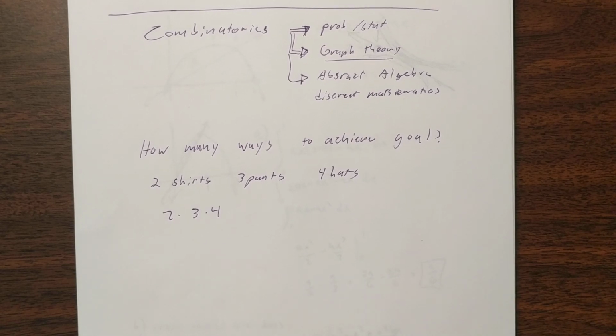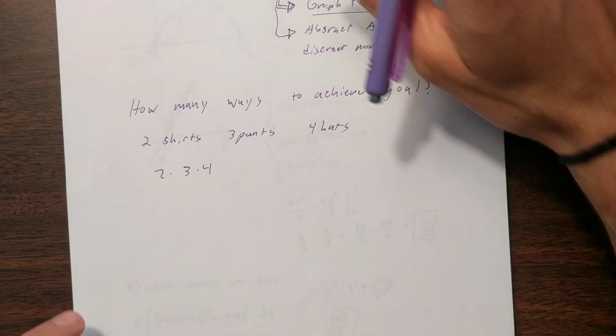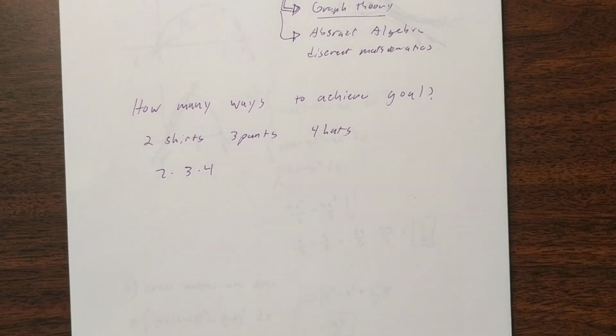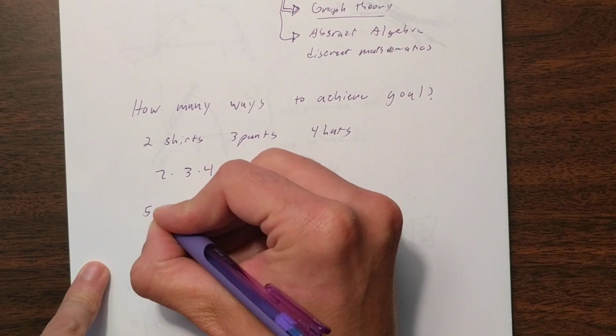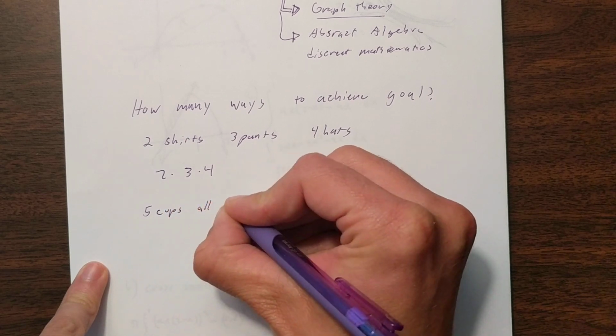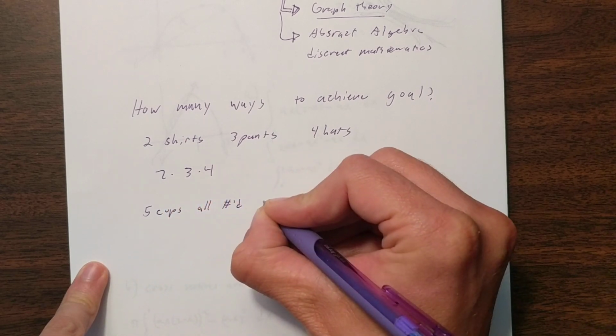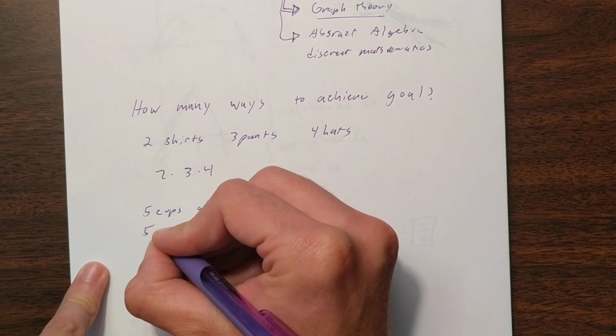What we like to do is try to get this as simple as possible. I just want to give you another one. Let's say I have 5 different cups, 5 cups, all numbered 1 through 5, and 5 balls.